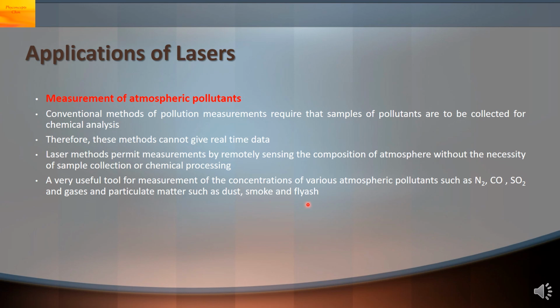So we have this system called LIDAR, the full form of which is light detection and ranging. The LIDAR emits laser light into the atmosphere, which is reflected back to the LIDAR by the atmospheric particles. So the light detected is used to study the aerosols, the water vapor, the gases present in the atmosphere.